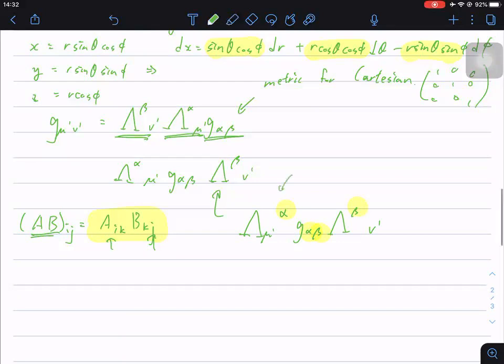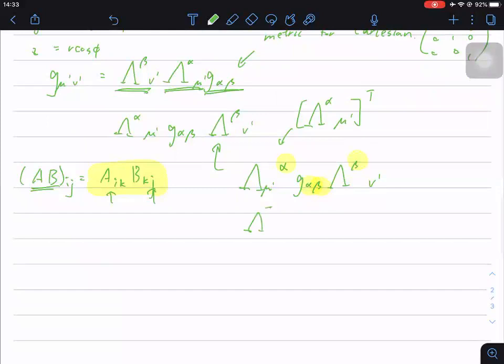And this guy is not the original transformation, it is actually the transpose of the original matrix. So in matrix form, you will see something like this. And depending on your definition of the transformation matrix, sometimes you will get something like this in other books, but this only depends on the definition of the transformation matrix.